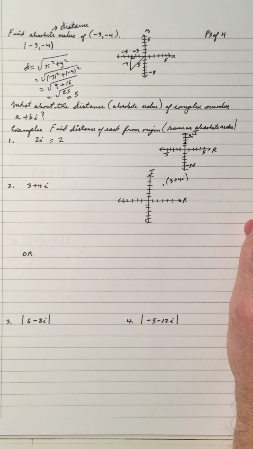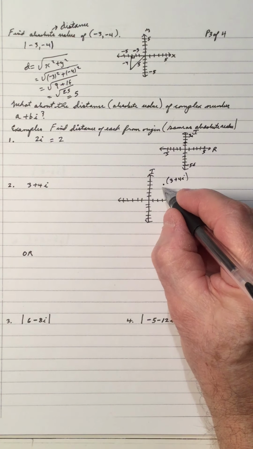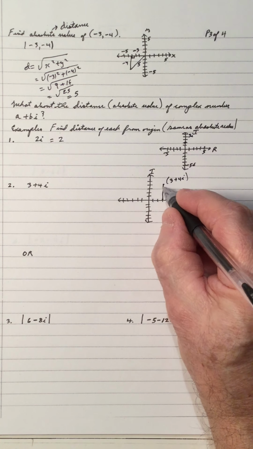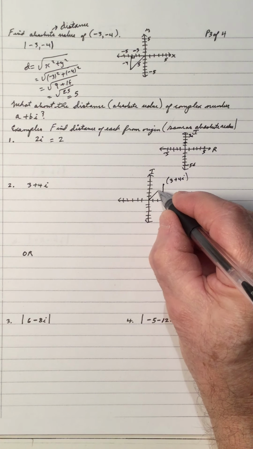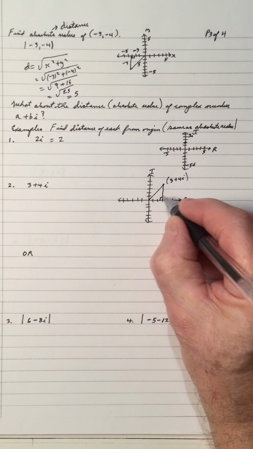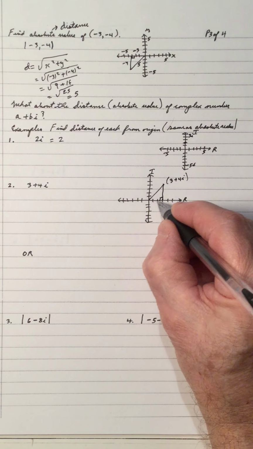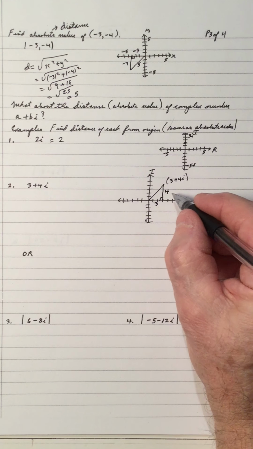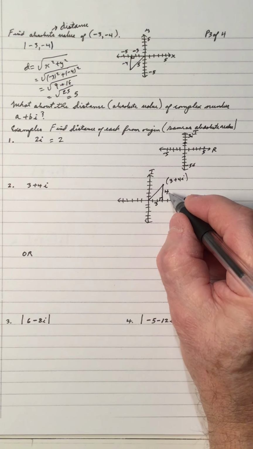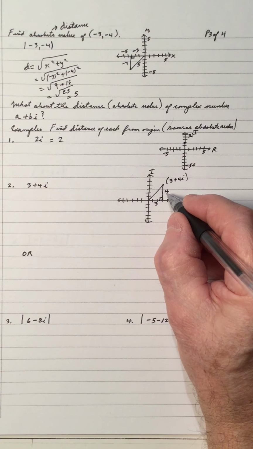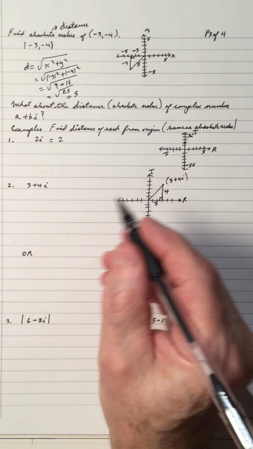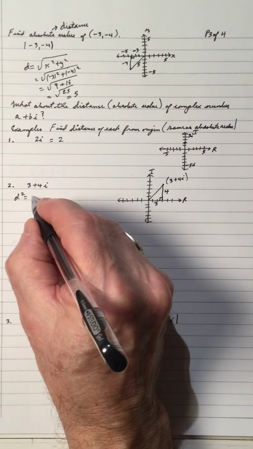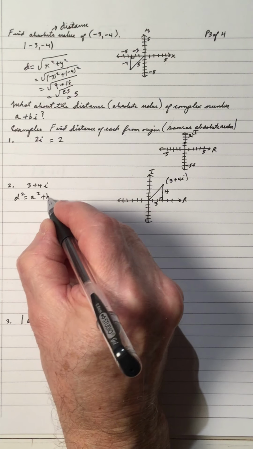If we draw our perpendicular down and we draw the hypotenuse on this right triangle, notice that this distance is 3 and this distance is 4. When we're calculating the distance, we do not put the i in. So we're doing the Pythagorean theorem: the distance squared is a squared plus b squared.